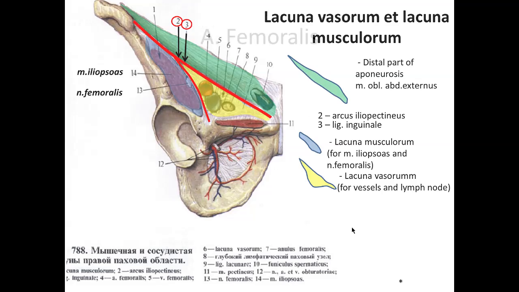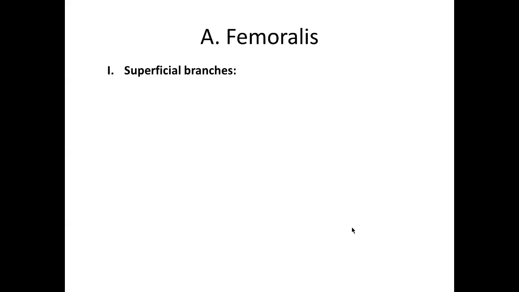Now let us try to remember the classification of branches of the femoral artery. There are two large groups, superficial branches and deep branches. As superficial branches, we can name arteria circumflexa ilium superficialis and arteria epigastrica superficialis.